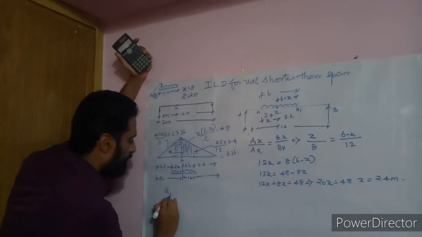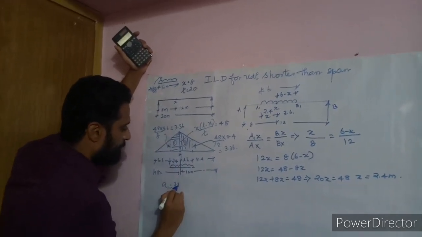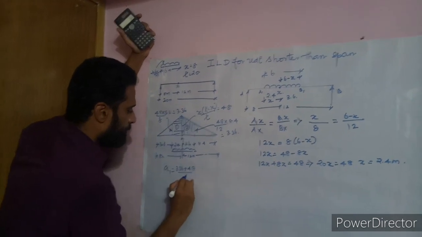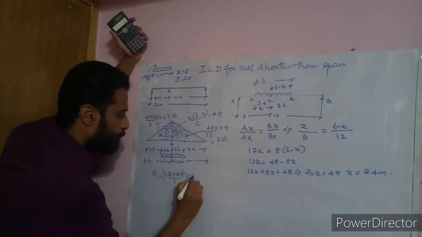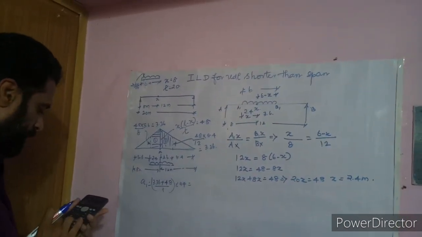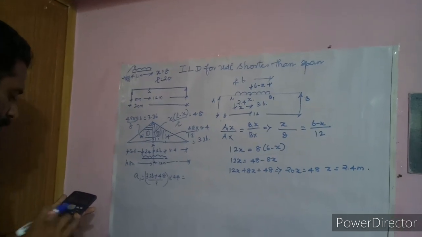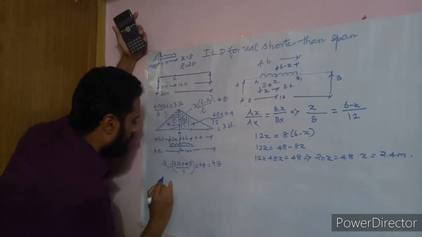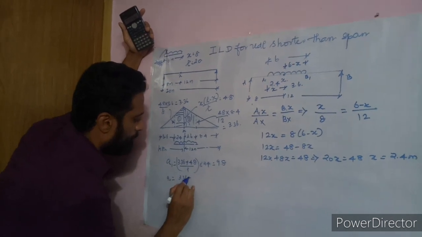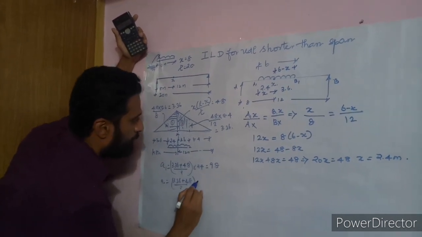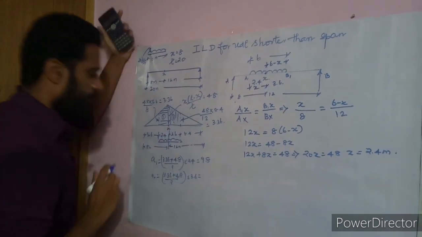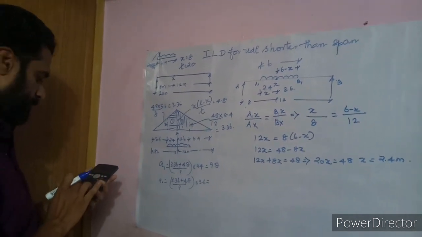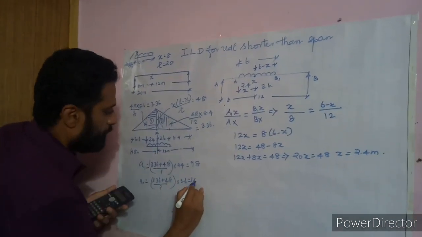So area 1 is 3.36 plus 4.8 divided by 2 into the distance 2.4, which is 9.8, and that of A2 is the same, 3.36 plus 4.8 divided by 2 into the distance 3.6, which is 14.68 or 14.7.